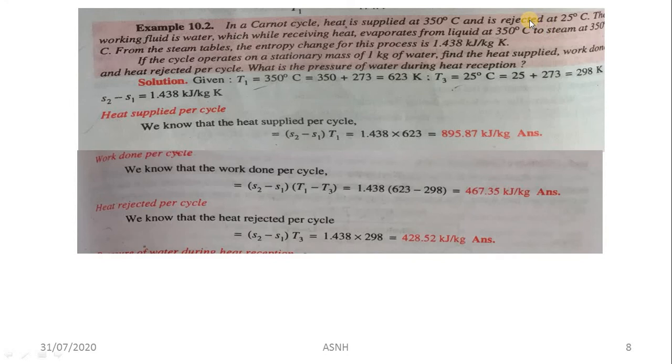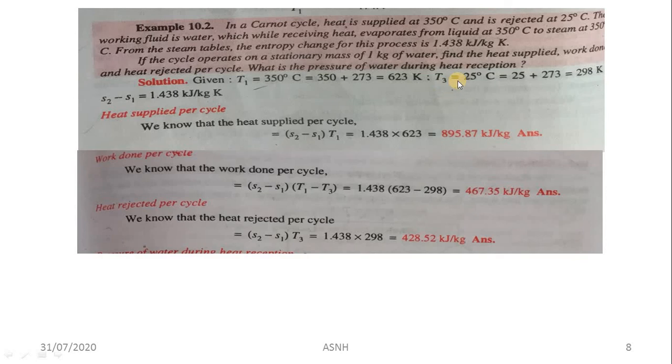Now the second temperature is given: the heat is rejected at 25 degree centigrade. Means after expansion from the turbine, the temperature is around 25 degree centigrade, and we note that as T3, because T1 and T3 are the absolute temperatures. In the Carnot formula we use both T1 and T3 only.